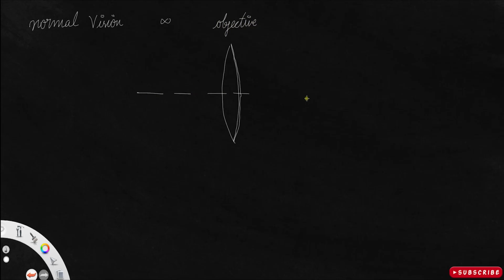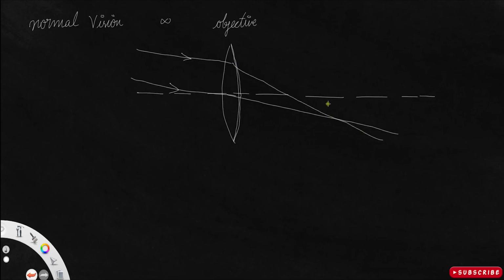This is the principal axis, and we have parallel rays coming from infinity for a telescope. So a final image will be formed here, as we discussed before. This point is the focus of the objective.